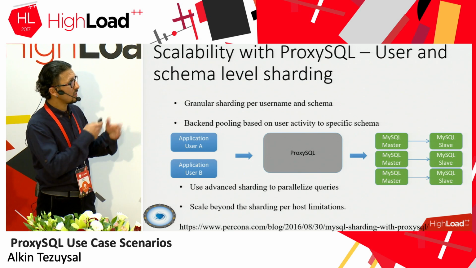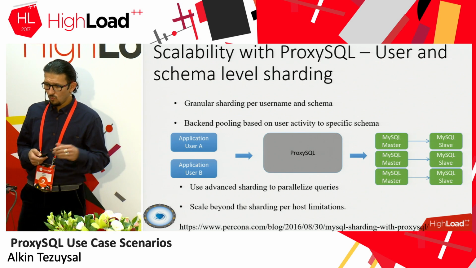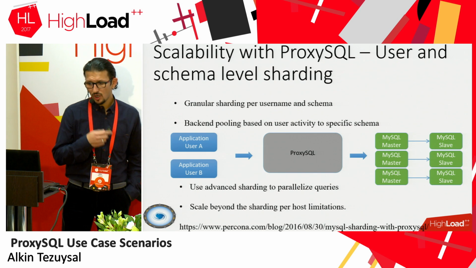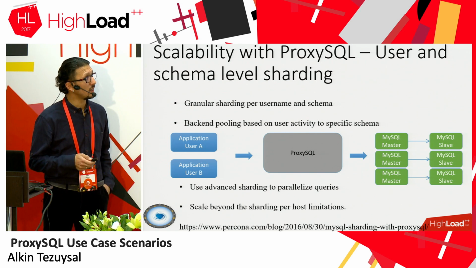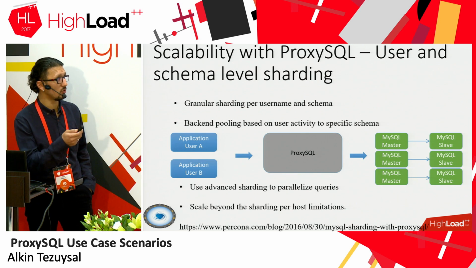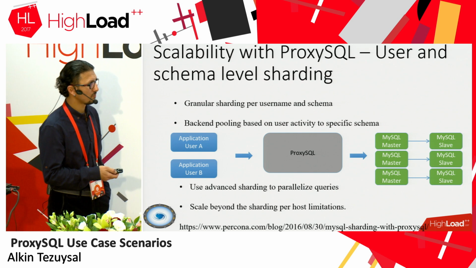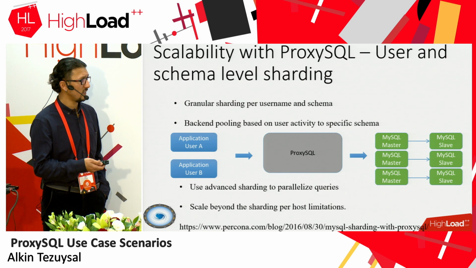In this case, you can create a sharding scheme within ProxySQL and say that the traffic can go to these hosts depending on the criteria. So you can actually parallelize queries.